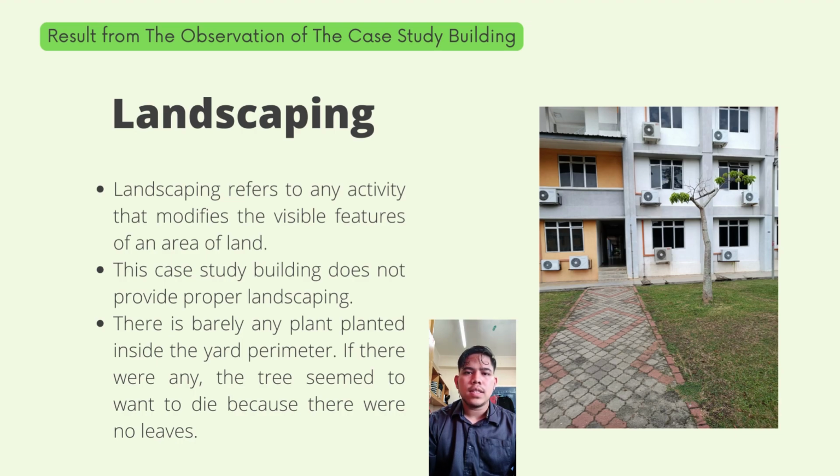From observation, this case study building does not provide proper landscaping. There is barely any plant planted inside the yard perimeter. If there were any, the trees seem to be dying because there were no leaves. Only 3 trees remain. The figure beside shows the trees planted around the window.